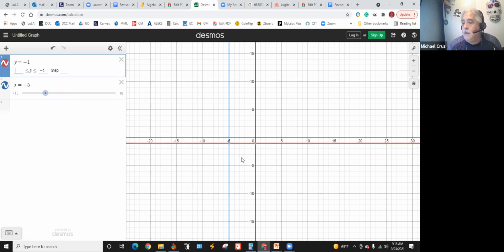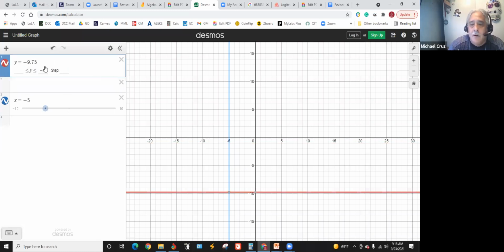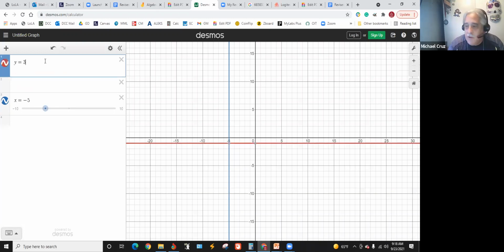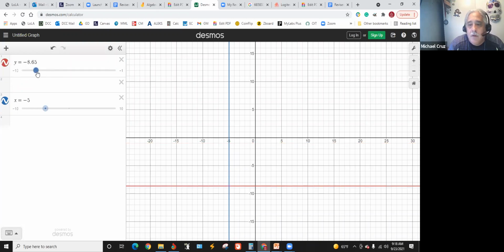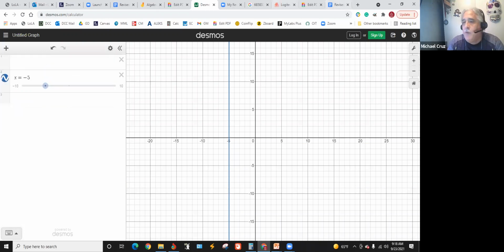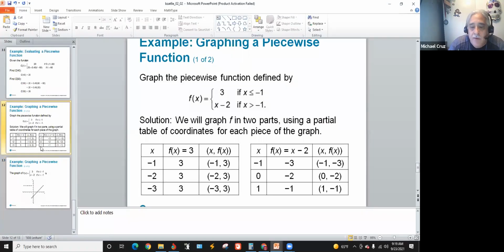All right, that's 3 now. So it's not putting in that range. I never tried to do a piecewise on here. I thought it might work. Oh well, let's scratch that and just go with the one on there. That's a neat little graphing tool, but I've never done a piecewise.